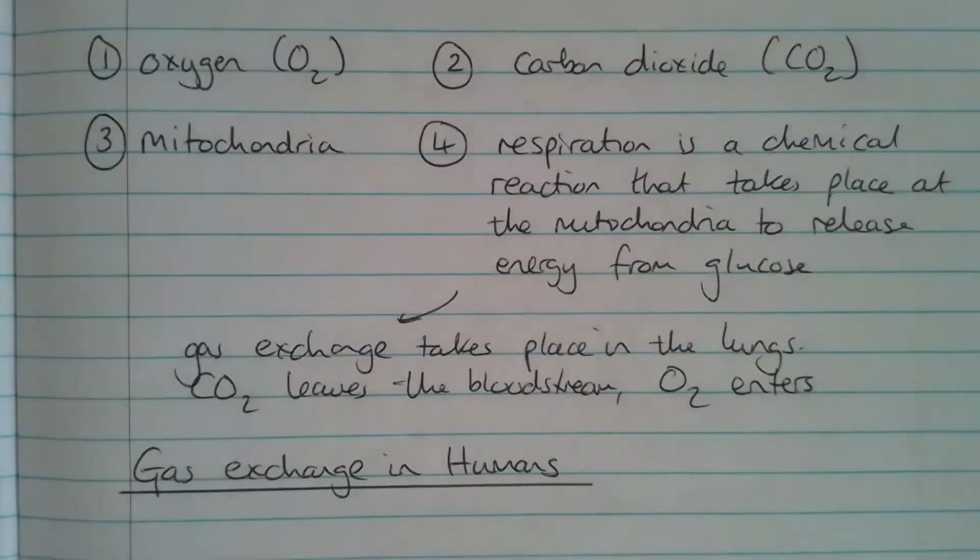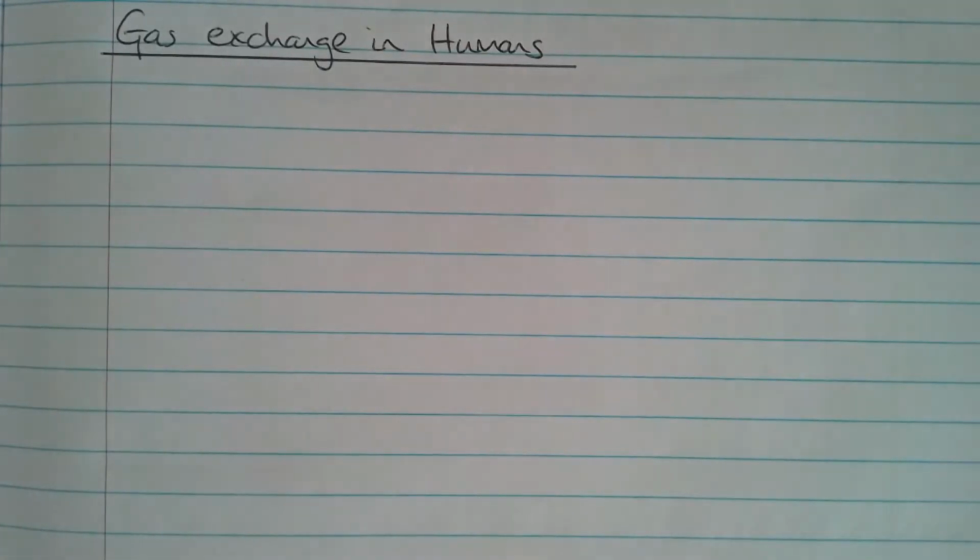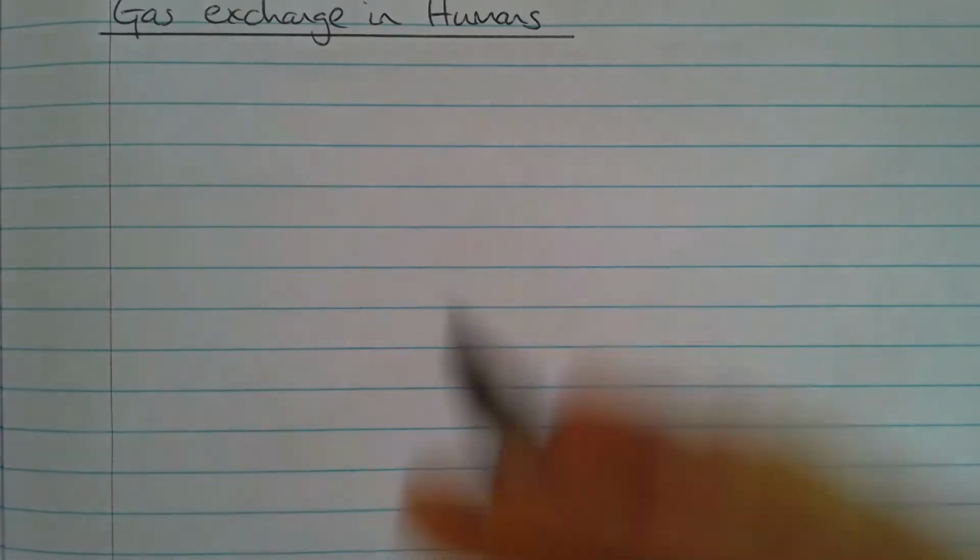So we're now going to look at how this process of gas exchange works in human beings. We're going to deal with the mechanism by how the lungs inflate and deflate in a future lesson. Today we're just going to look at the main structures and how they're adapted to maximise the rate of gas exchange.